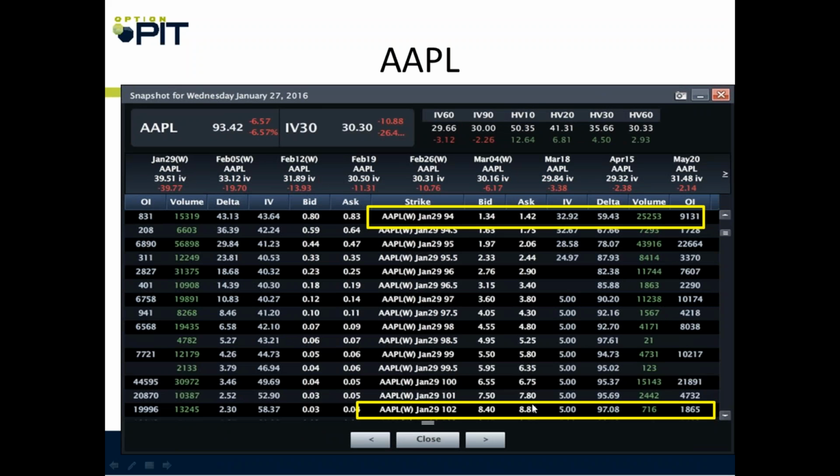We'll take a look. These are now we'll call it 8.60, 8.70. And these are up about 60 cents. These are going to be up about $4, $4.50. We'll say $4.25. So my 102s are up $4.20. And my 94s are up 60 cents.